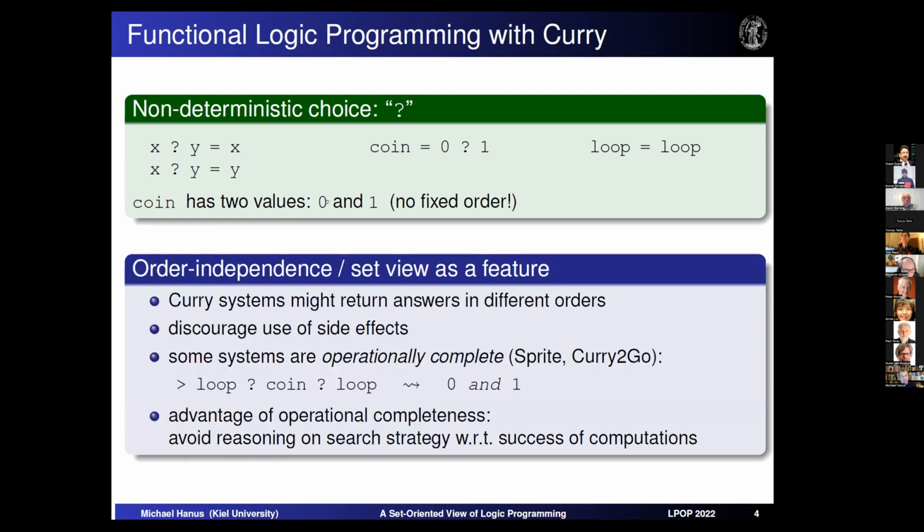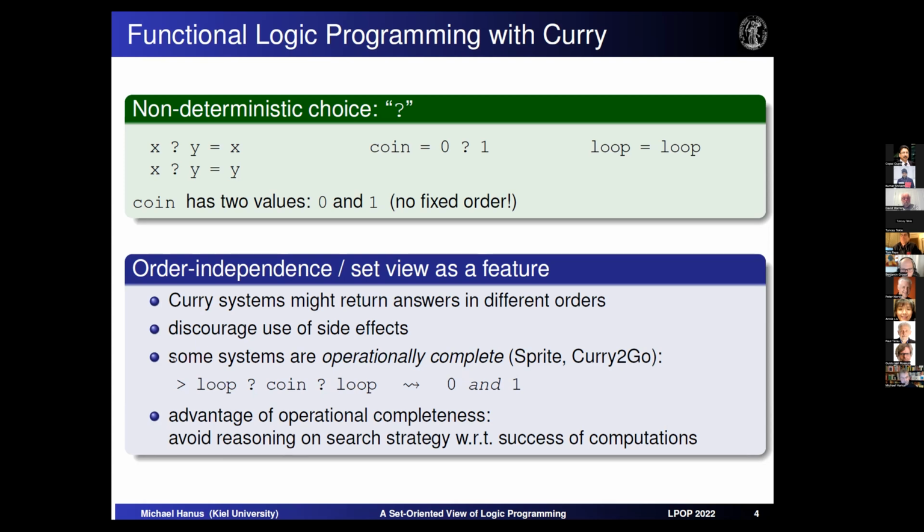And I think this order independence or set view is not a problem, but it is really a feature, because query systems are allowed to return answers in different orders. And therefore, it also discourages the use of side effects inside, for instance, non-deterministic computations. And the main advantage is that we can build systems which are operationally complete. For instance, Sprite and Curry2Go are such systems.